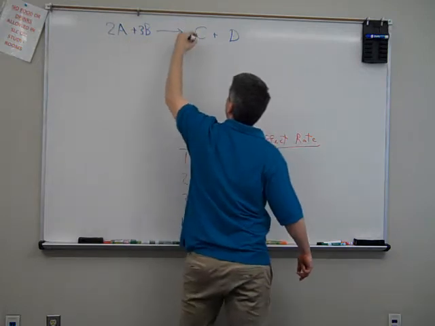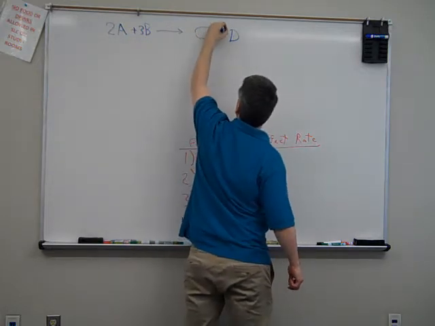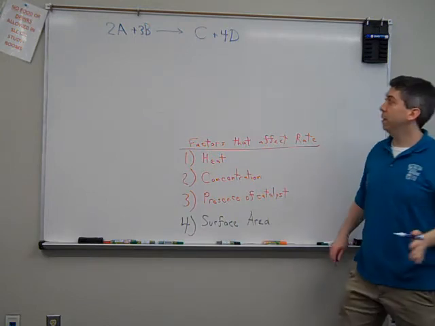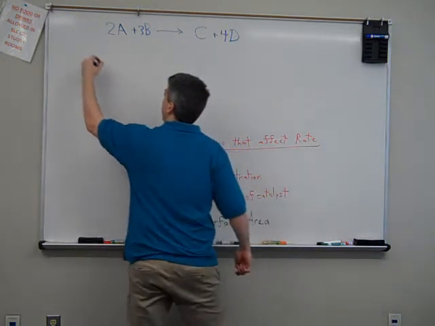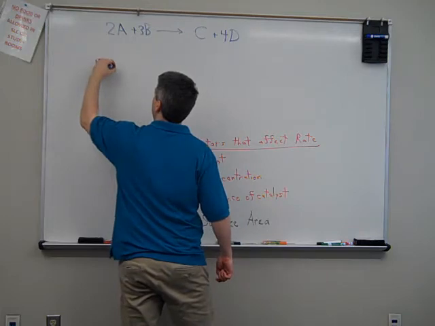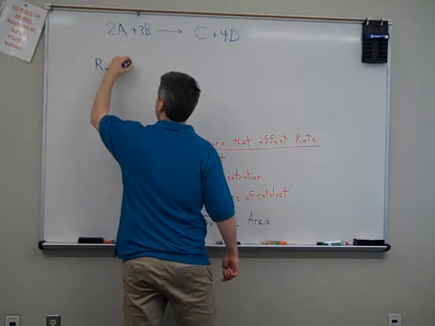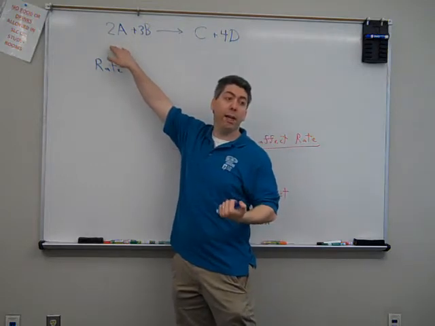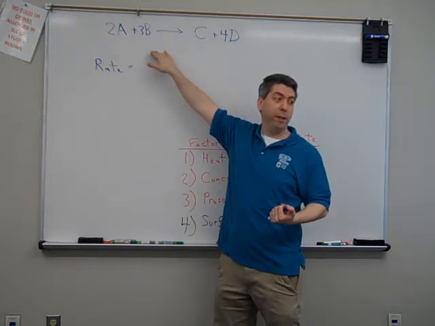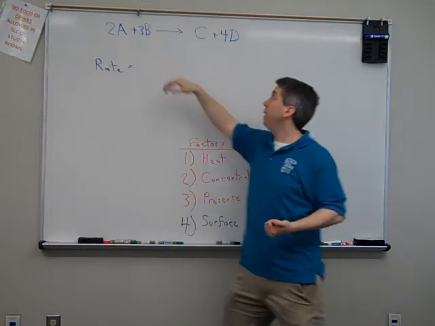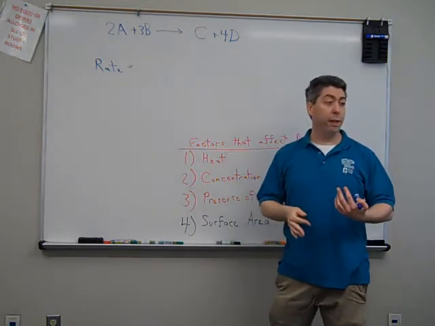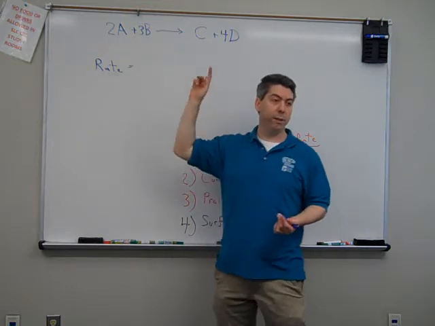Let's say 2A plus 3B equals C plus 4D. Okay, let's say we have this chemical reaction. The rate of the reaction can be given in terms of any single one of these, because for every 2A that reacts, 3B is going to react, and for every 3B that reacts, 1C is going to be produced. So I can give the rate of the reaction in terms of any one of these.